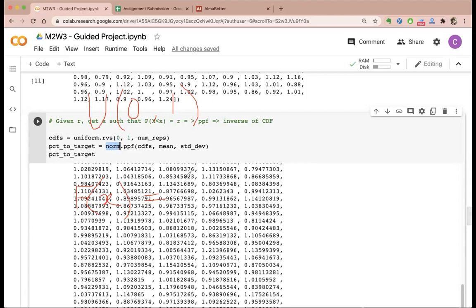In the case of exponential, it is 1 minus e to the power minus lambda x. Take the inverse of this function: equate it to y and just rearrange this. The inverse of this function will give you values of x.